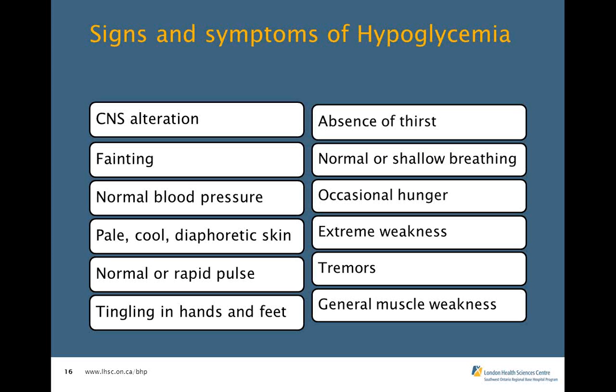Sometimes this happens fairly quickly, or they ignore the symptoms, and when that happens, they become more and more irritable, more and more confused, and once they become confused, they don't recognize what's happening to them, and they just go further down.